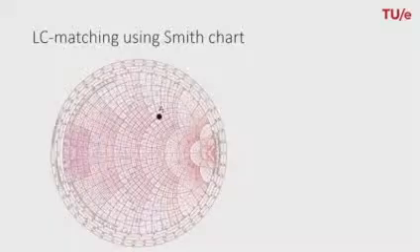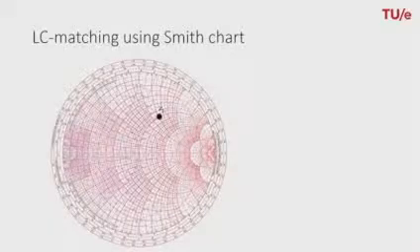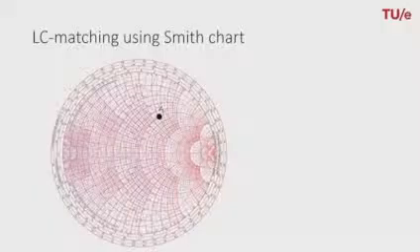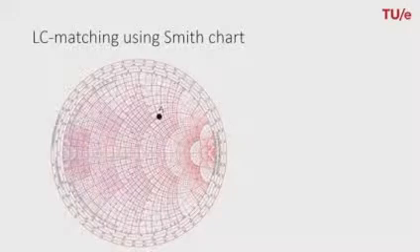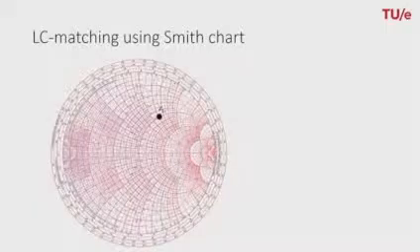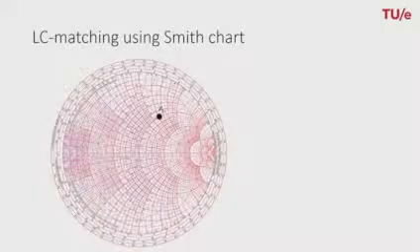The Smith chart appears to be a very useful tool in the design of LC matching circuits. It's also used in many commercial tools, and you can also download a Smith chart tool yourself to perform LC matching. Suppose we want to match a particular complex load impedance to a source impedance, and the load impedance here is indicated by the black dot on the Smith chart.